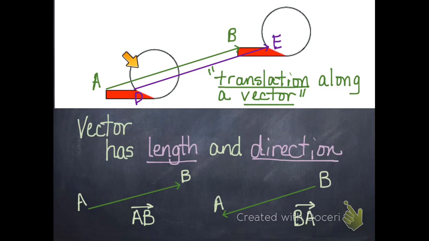So B would be the image of A, and E would be the image of D under this translation along this vector. So this point here corresponds to that point there. And any point on this figure is going to travel the same length in the same direction. So this vector could actually exist anywhere on the plane and accomplish this transformation.